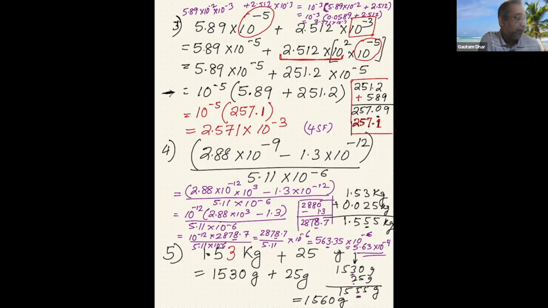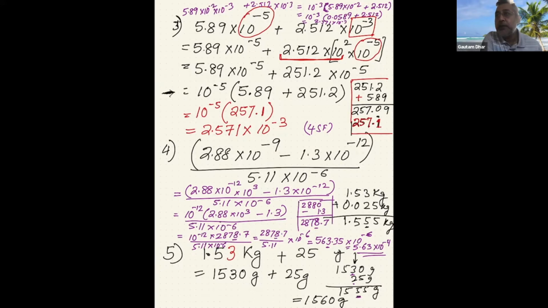So the correct answer is 257.1. With the red box, that is where I did my addition, to get 257.09. If I round that, it comes to 257.1, to one decimal place. And so the correct answer in scientific notation is 2.571 times 10 to the minus 3.